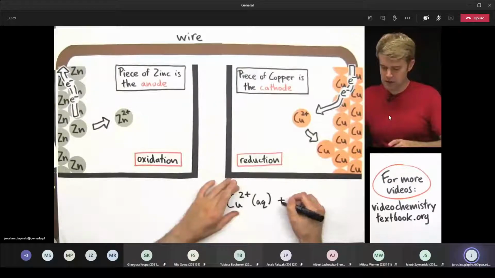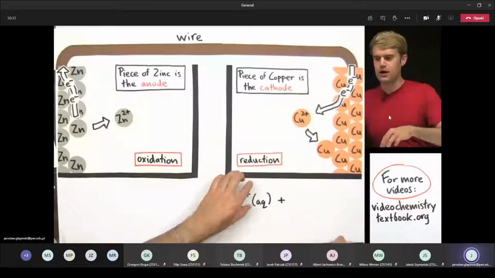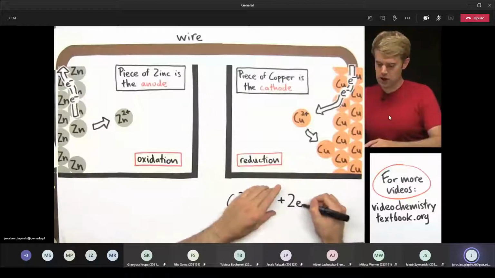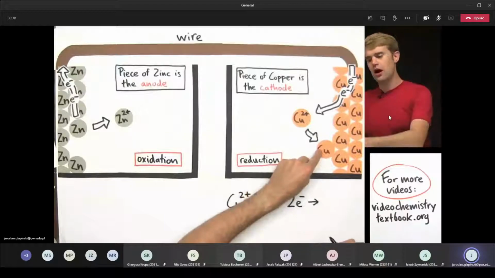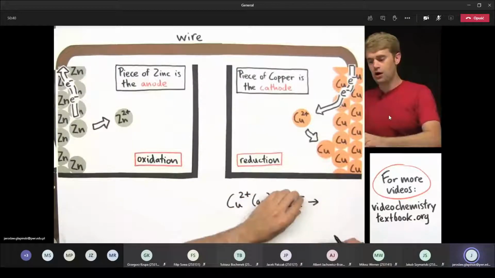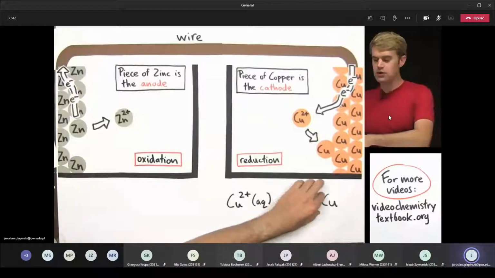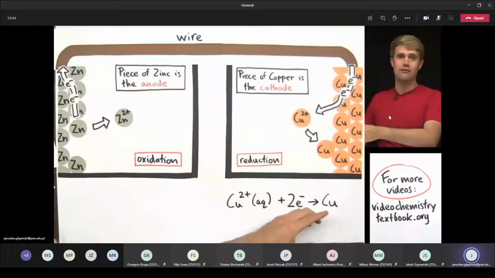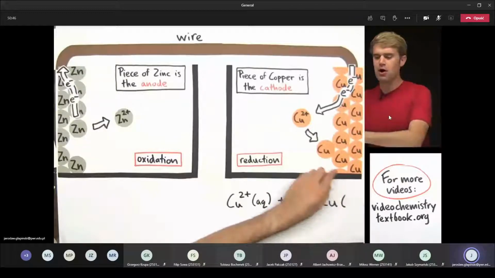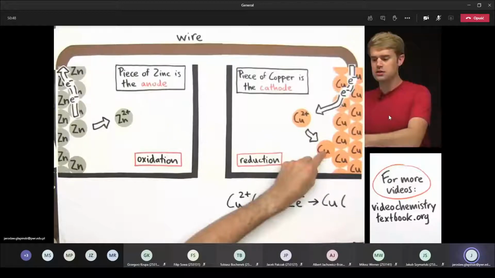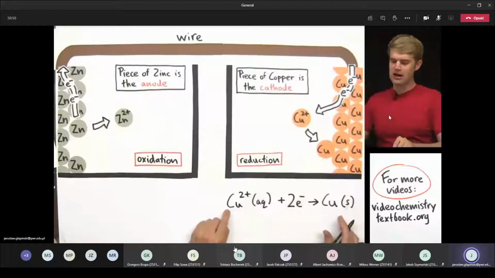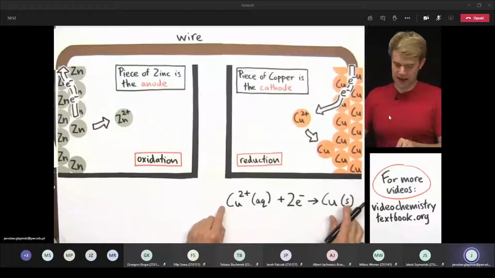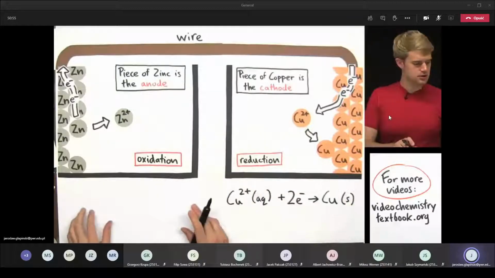Now, this Cu2+ gains 2 electrons, so I'll write plus 2e-, and that gives us a neutral copper atom. So I just write Cu with no charge after it. That shows that it's neutral, and then it's part of a solid metal, so I write an s after it. So this is the reaction for the reduction process.